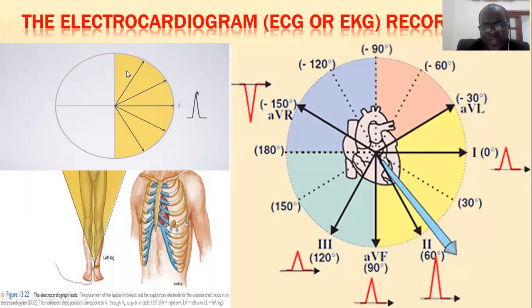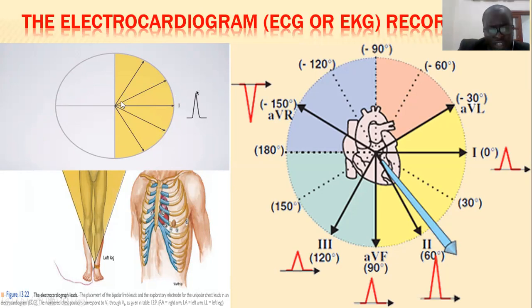Remember, if you split the circle into 2, you have the semicircle. This semicircle is towards lead 1. So any vector that is within this semicircle will give you a positive deflection.